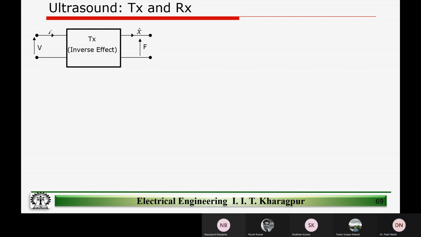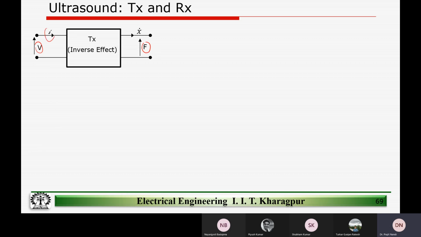When we apply a voltage, there will be a current flowing into this two-port network. And at the output, because it's a transducer, we will expect a force or a displacement. Please note that the voltage on one side and the force on the other side are synonymous.